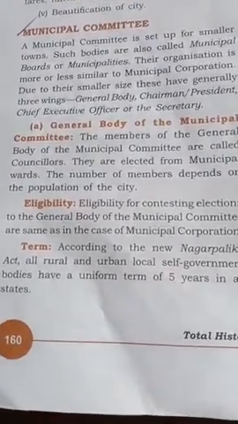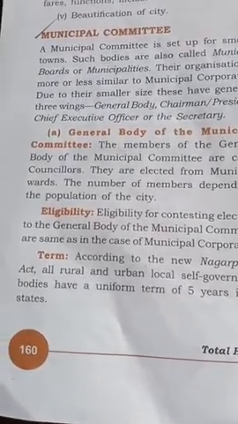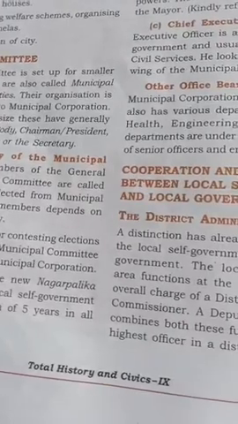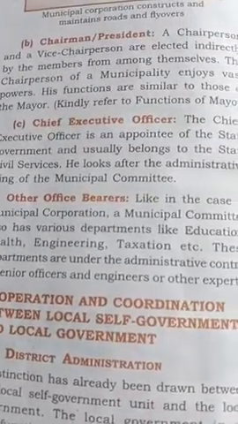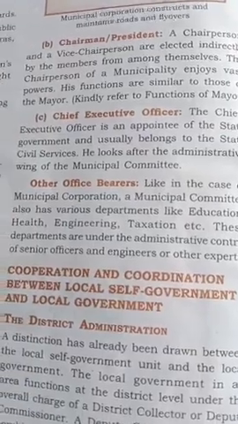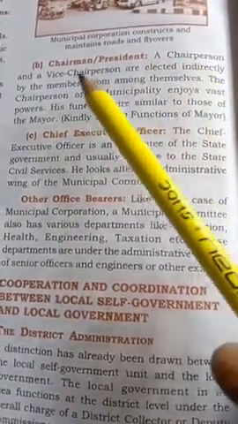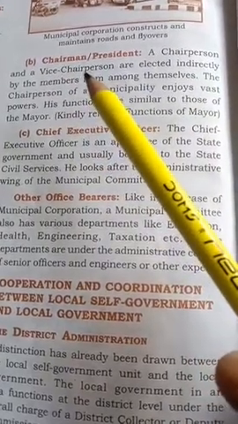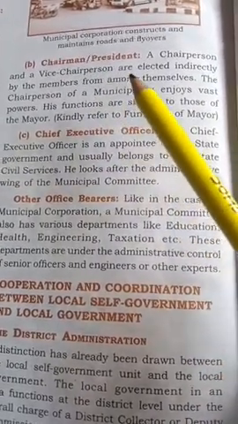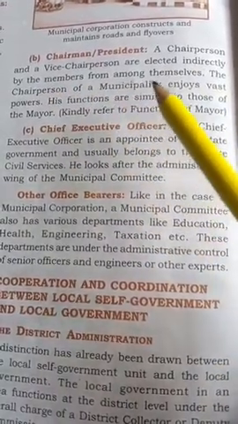So, the municipal corporation and Nagarpalika also have the same term of local self-government, rural or urban. Next, chairman or the president. The chairman, president and vice chairman are elected indirectly by the members from among themselves.